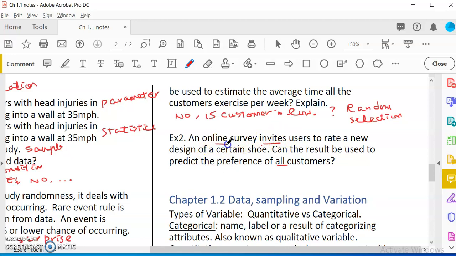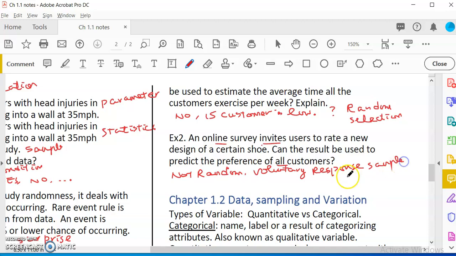Would an online survey result in a random sample? Not random. This kind of sample we call a voluntary sample. People come to the website, you invite them, but they have to decide to participate. This is called a voluntary response sample, and usually they are biased.